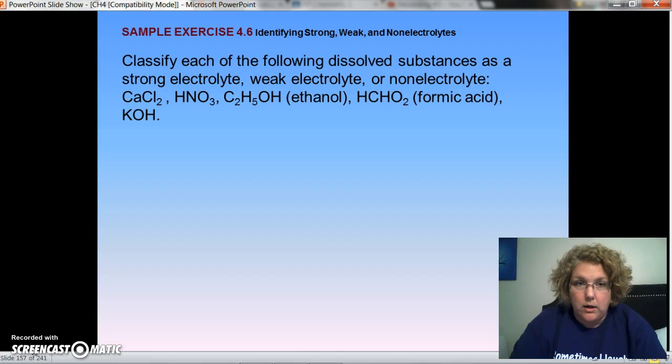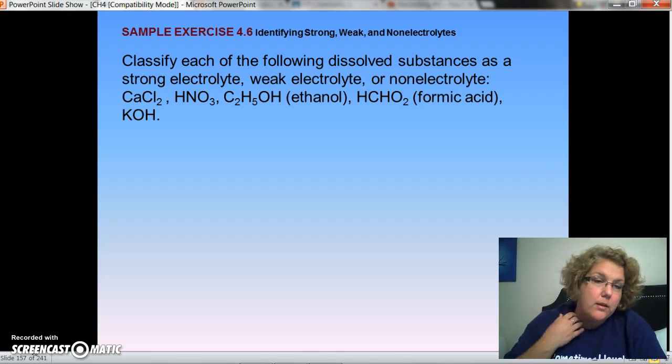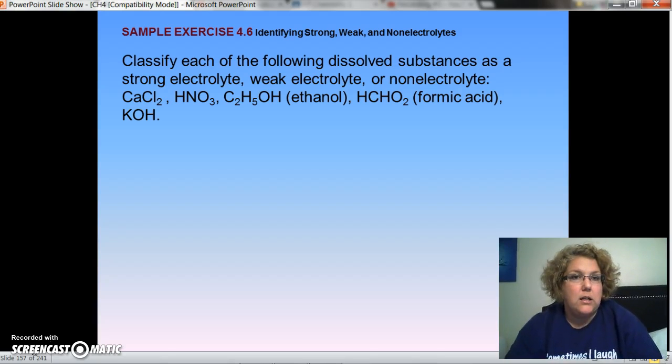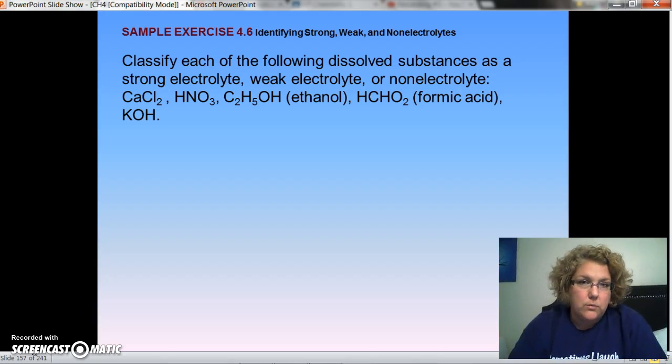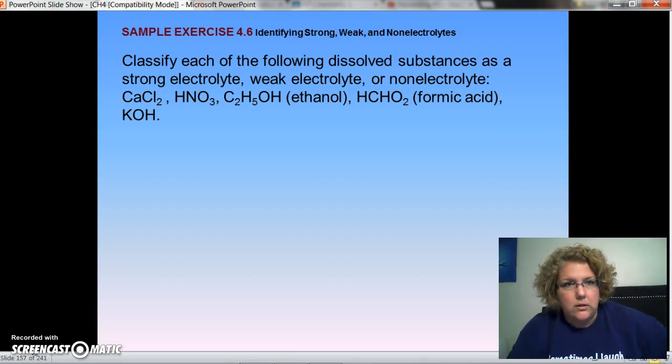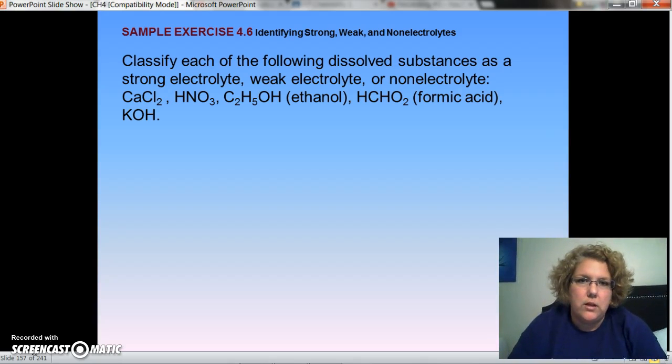So calcium chloride is soluble. HNO3, well, it starts with H, so it's an acid. It is nitric acid. That is one of our strong electrolytes. Going back to the calcium chloride, because it's ionic and soluble, it is a strong electrolyte. Nitric, being a strong acid, is a strong electrolyte.